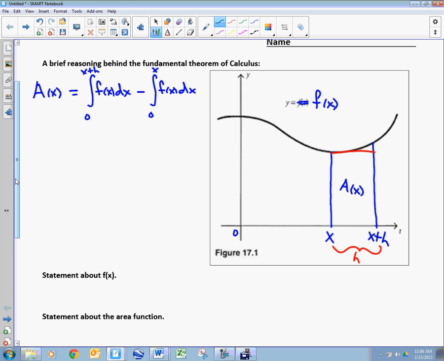So we won't write the 0 part first. We'll just write that expression. Approximately A of x is equal to the area of that rectangle. What's the width of the rectangle? h. What's the height of the rectangle? f of x.